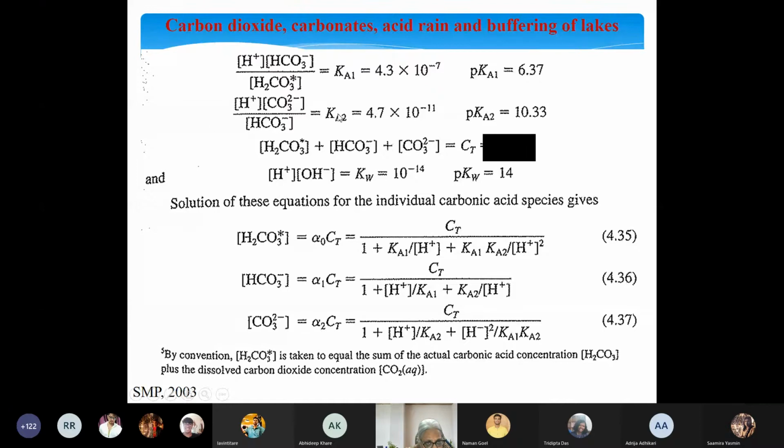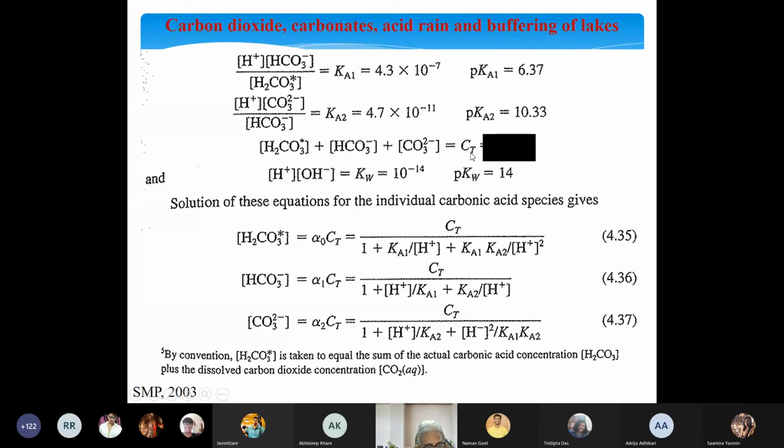The second equilibrium constant is for the second deprotonation reaction. In the first case, you get bicarbonate. In the second case, you get carbonate. This Ka2 will give you a pKa2 of 10.33. Then we come to mass balance. If I want to write the mass balance for carbon, this is CT.